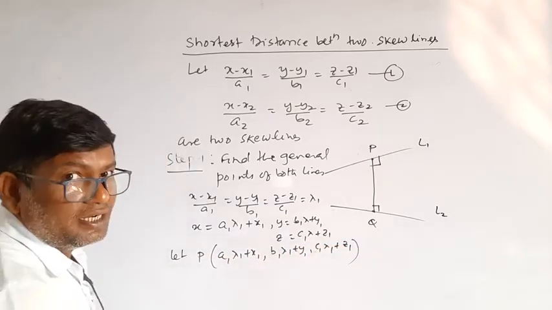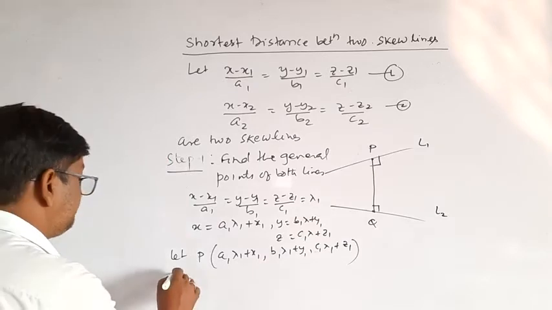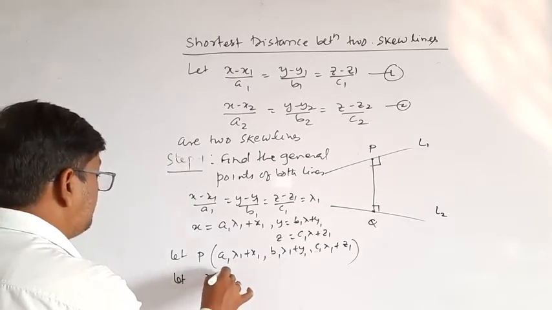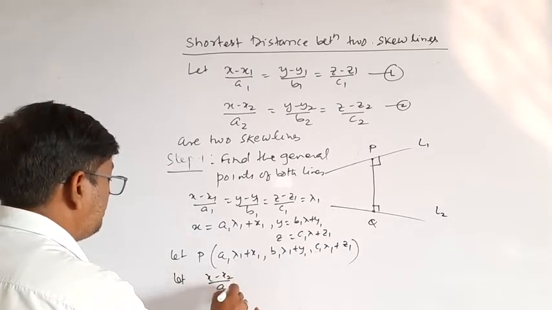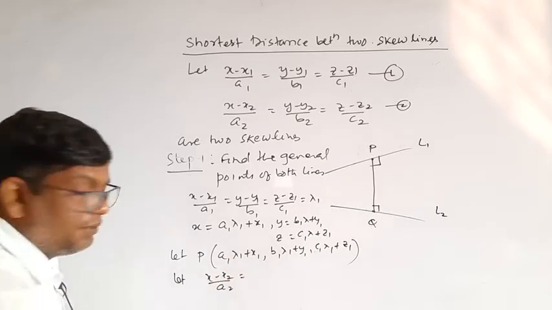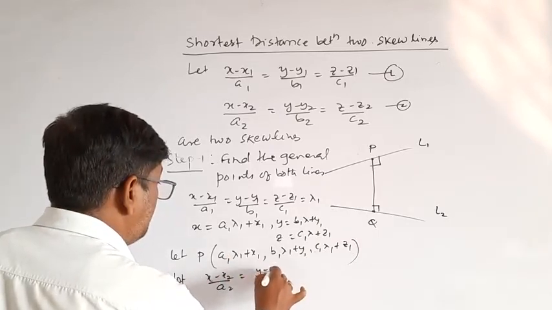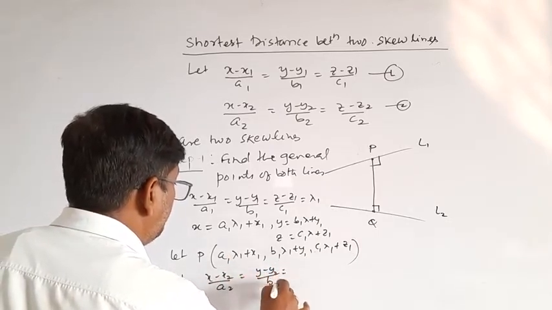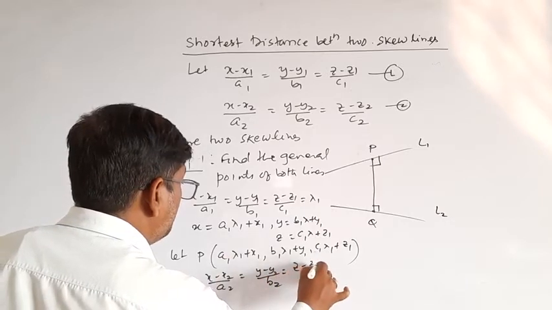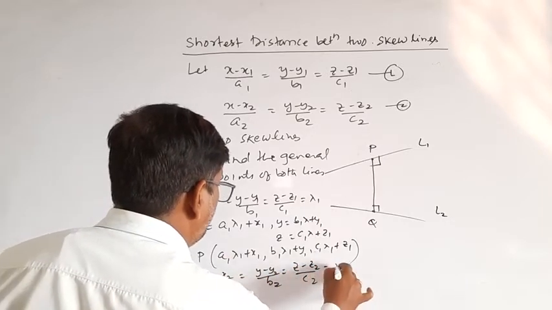Similarly, let (x minus x2) by a2 equals (y minus y2) by b2 equals (z minus z2) by c2 equals lambda 2.